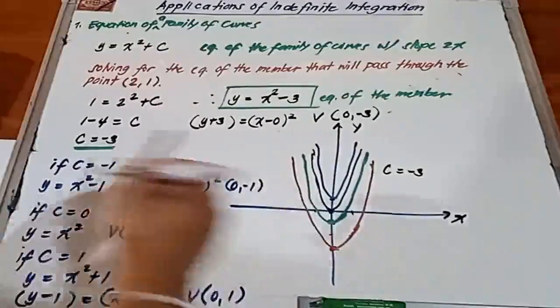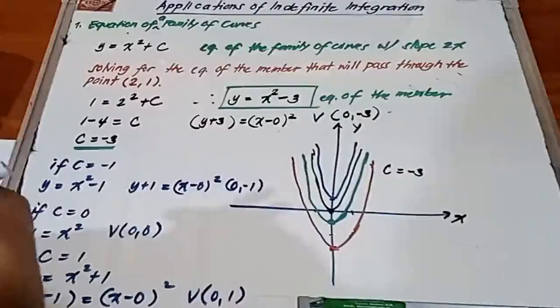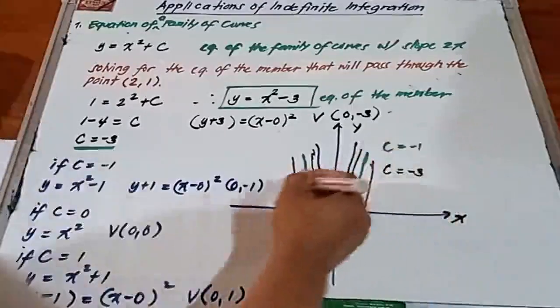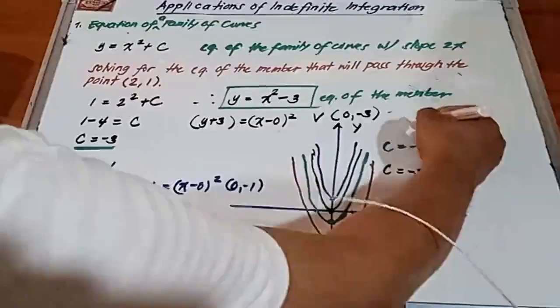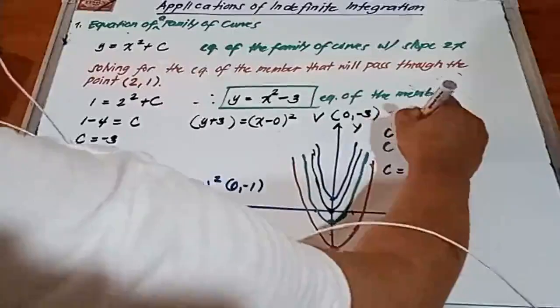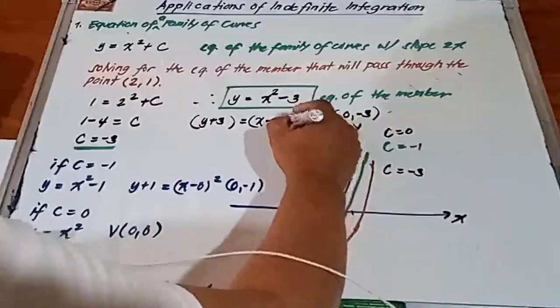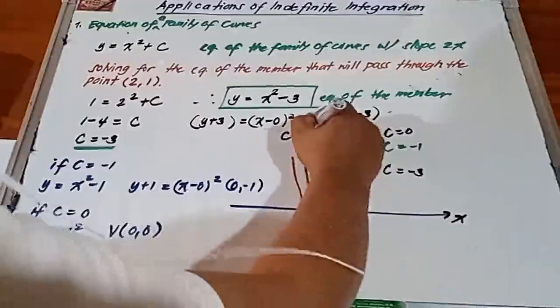So, ito, c equals negative 3. Yung green natin, c equals negative 1. Itong black natin, c equals 0. At yung blue natin, yung graph ng parabola ay c equal to 1. Okay?